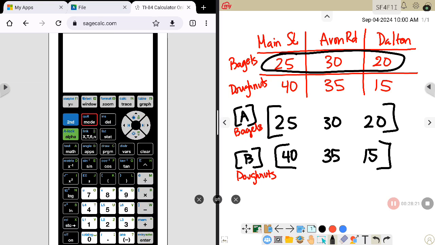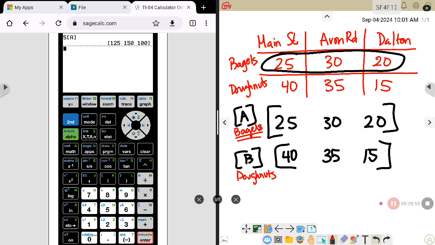So if the bakeries make $5 for each dozen profit of bagels, I want to know what 5 times this first matrix is for the bagels. So I'm going to do 5, and then I want that matrix. So second matrix, we stored the bagels in matrix A, so enter.